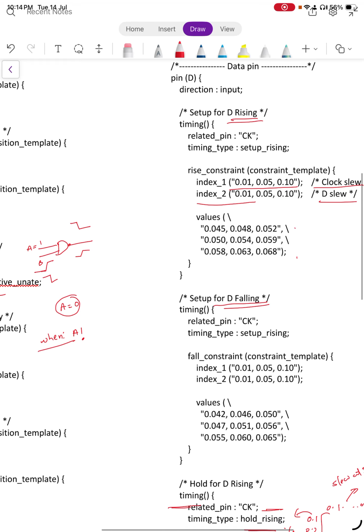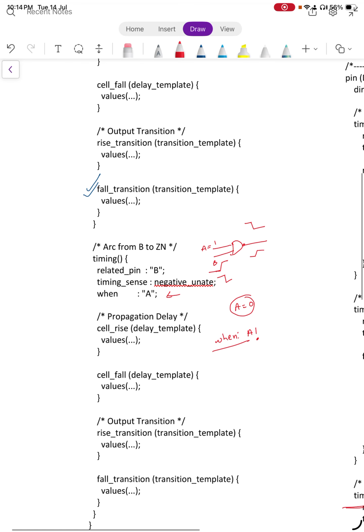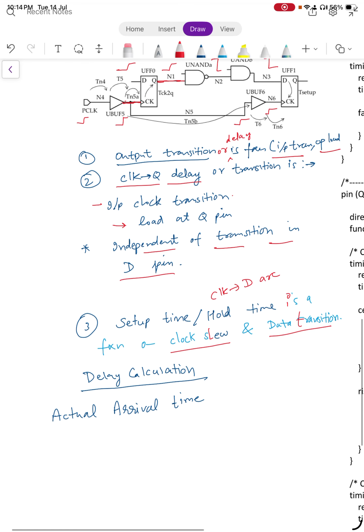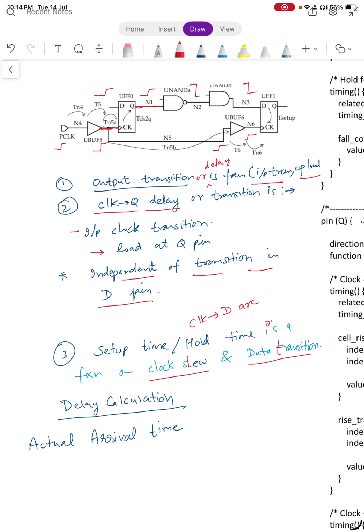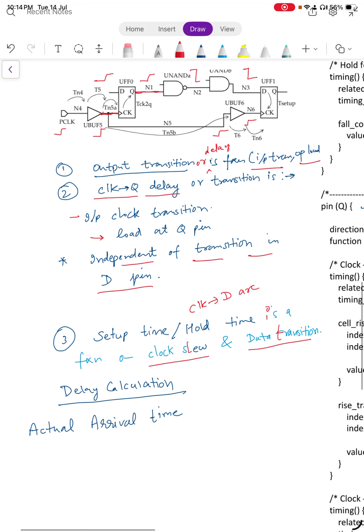So this is how it is present in .lib. Now we will focus on delay calculation.